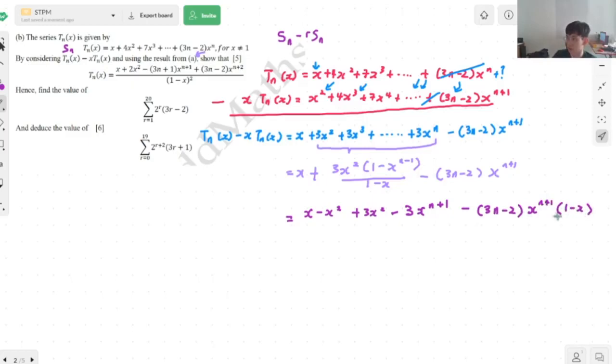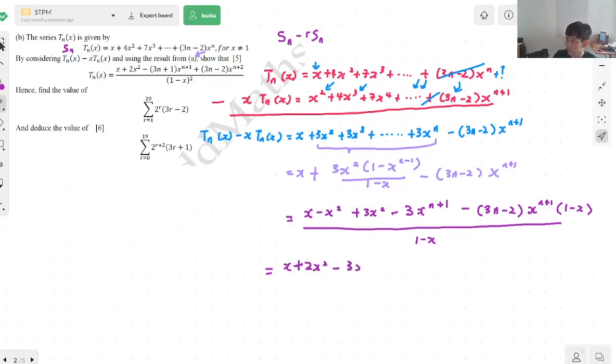So yes, it's a lot to times, so we need to times it later one by one over everything 1 minus x. So I am expanding this very slowly. x minus x squared plus 3x squared. So minus x squared plus 3x squared, I can just write plus 2x squared.